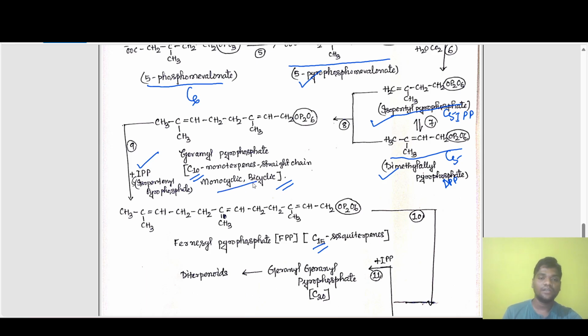This one is C10, and if IPP is added, that will be C5, so automatically the next compound will be C15.